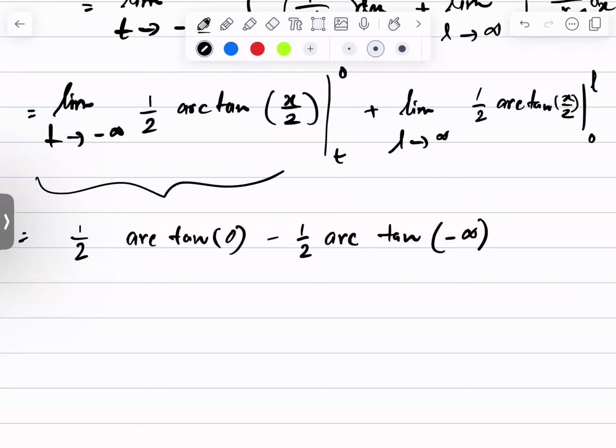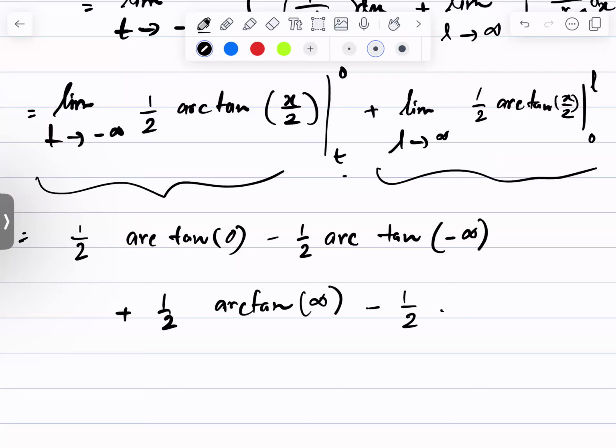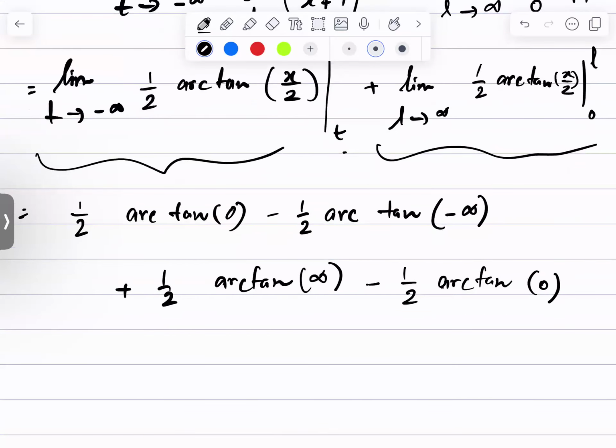And for the second part, I'll get half arctan of L, and L is positive infinity, and then minus half arctan 0.